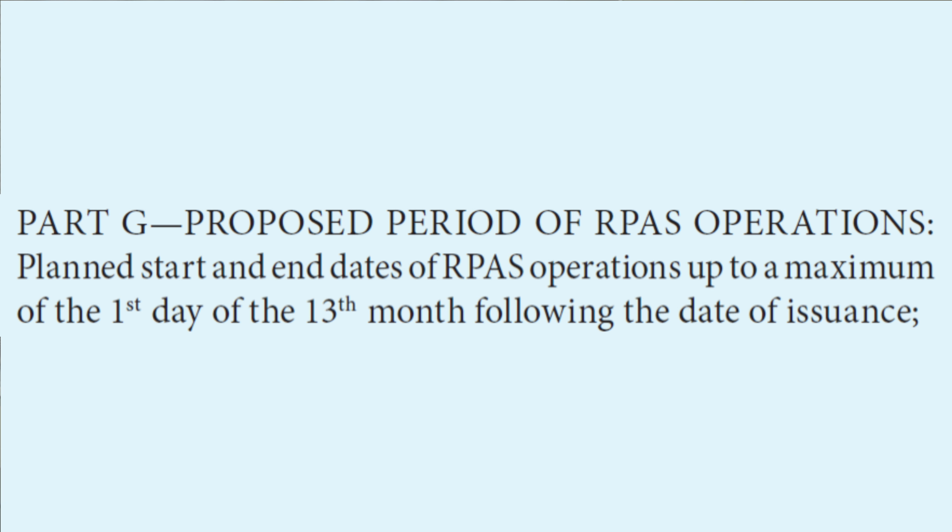See if you can untangle this one for the seemingly simple part called proposed period of RPAS operations. It says, planned start and end dates of RPAS operations, so far so good, up to a maximum of the first day of the 13th month following the date of issuance.